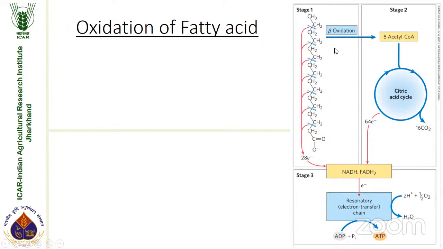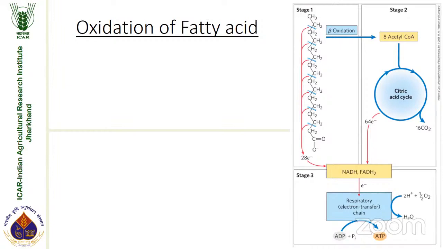Beta oxidation is basically the reverse of what we used in the synthesis. All the enzymes used in the synthesis process will have a reverse action for oxidation of the fatty acid. That process might be catalyzed by different enzymes, but my point is that the process is just the reverse.